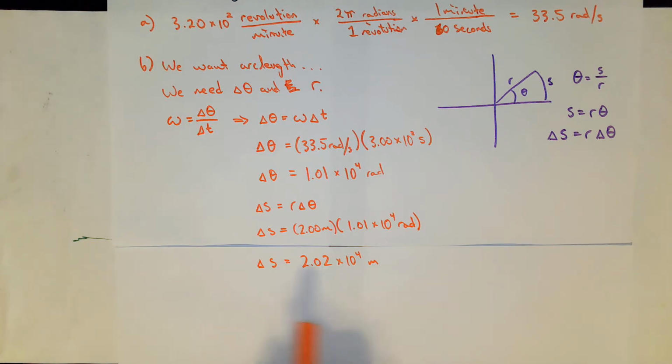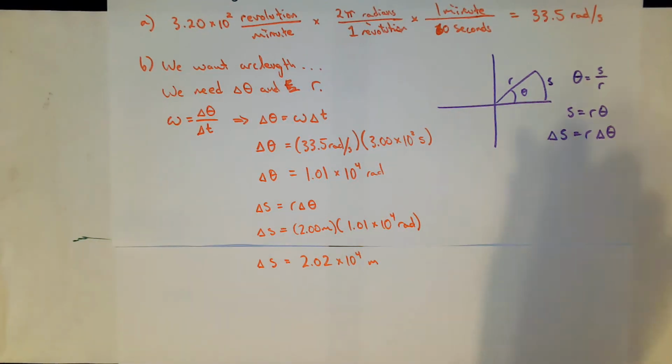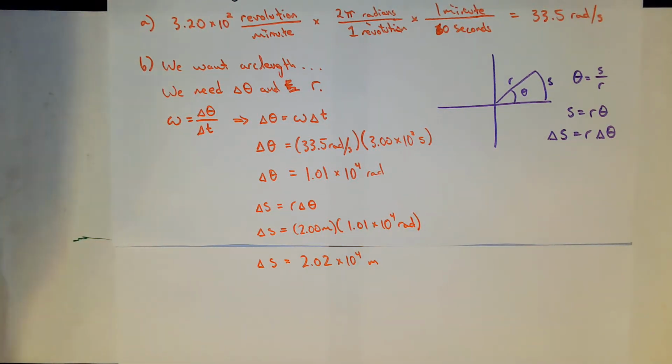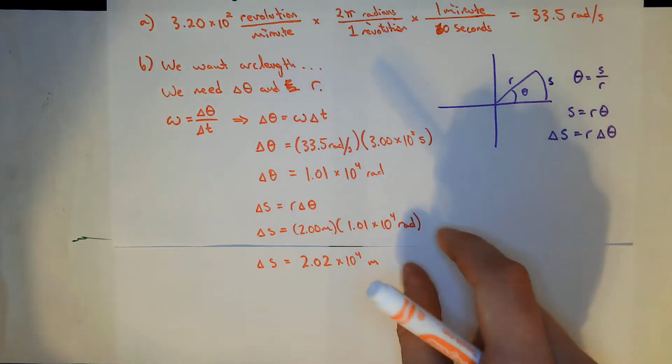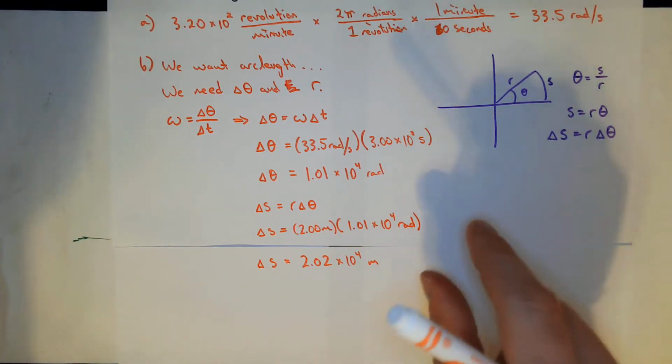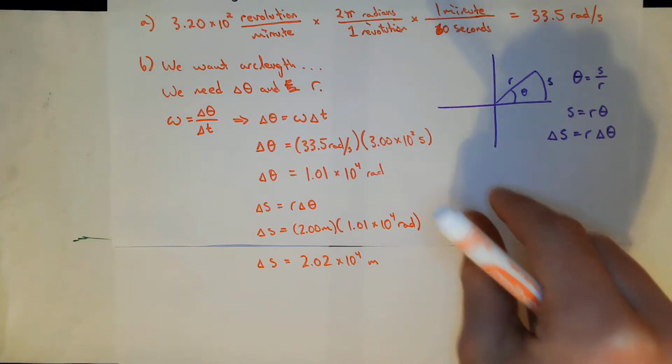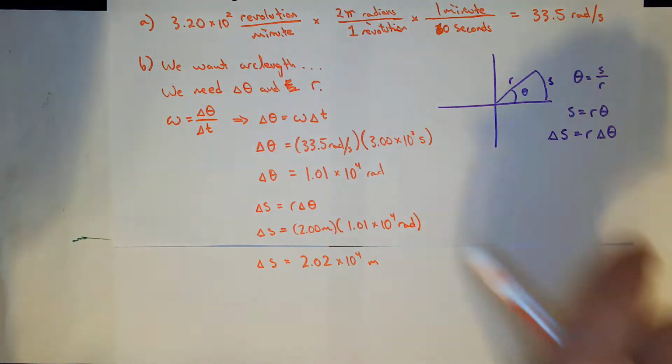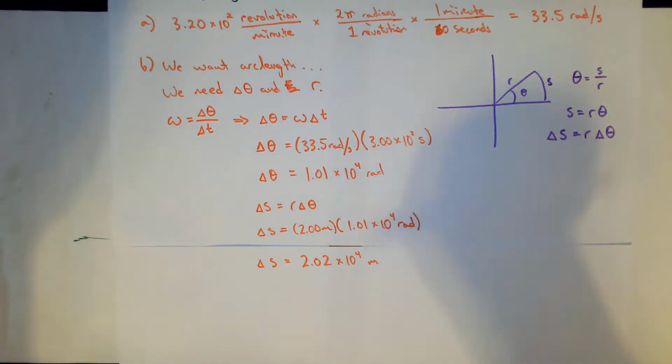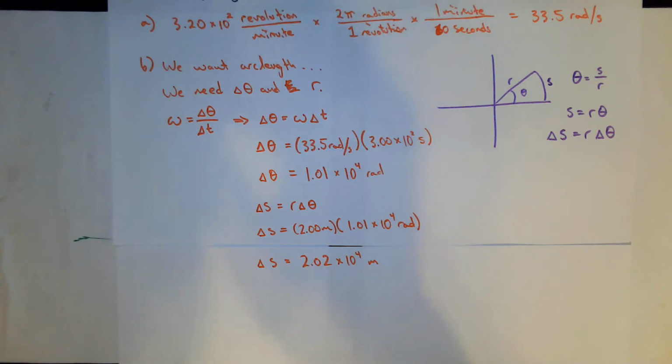So this is the arc length that the tip of the blade traces out in 300 seconds. That many meters, which is about 20,000 meters. If you put a bug on the edge of one of the rotors on a helicopter and let it spin for 300 seconds, then that bug would travel an arc length of 20,000 meters.